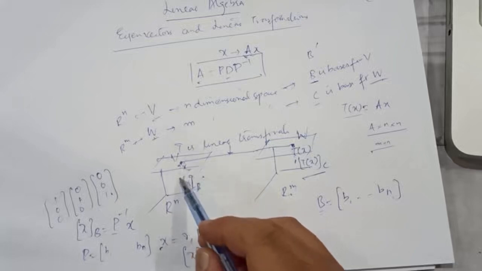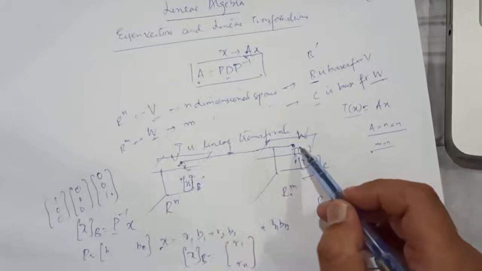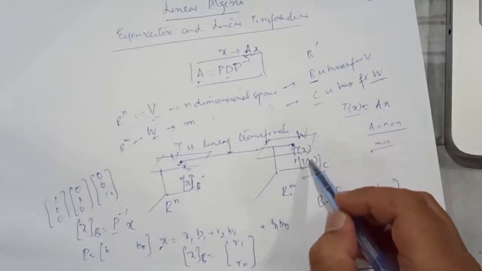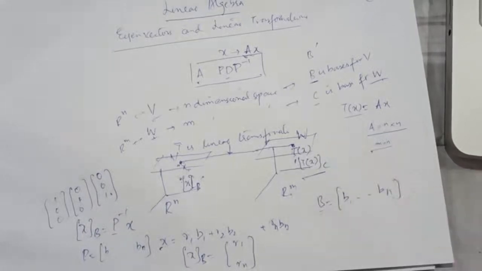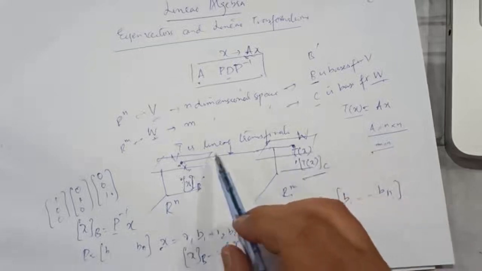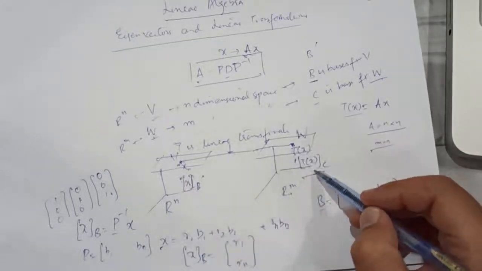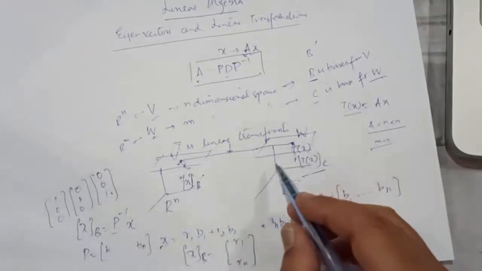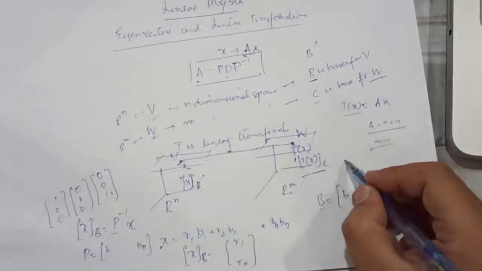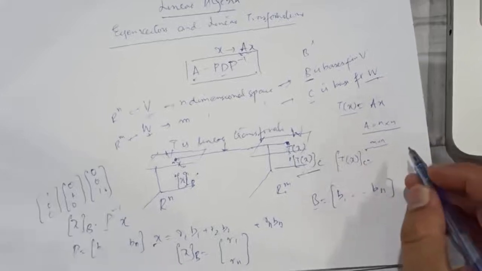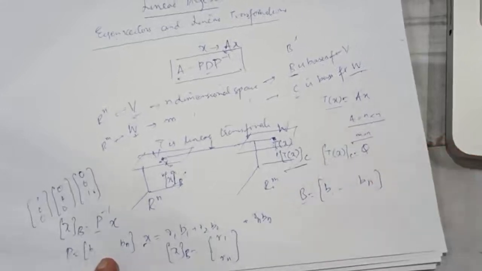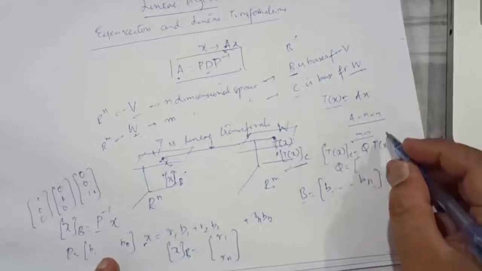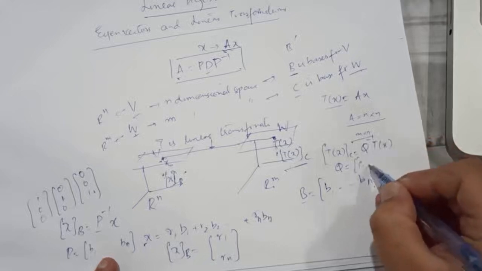When this is transformed to T of x, I want the resultant vector T of x to be in terms of the basis C. So T of x has to be represented in terms of the basis C. Similarly, the resultant vector T of x of C should be multiplied by this matrix Q, and Q is the set of basis vectors, so Q is equal to C1 up to Cn.